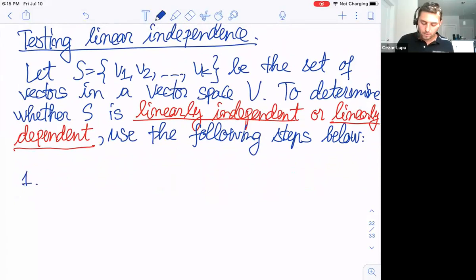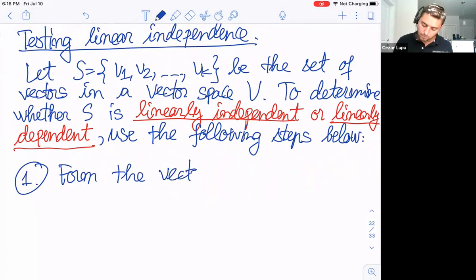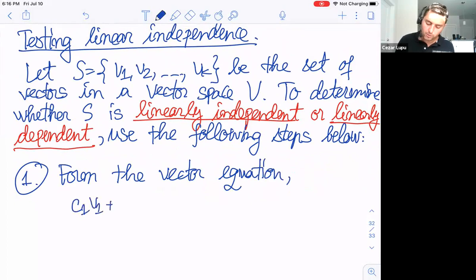Step 1. Form the vector equation C1 V1 plus C2 V2 plus CK VK equals 0.